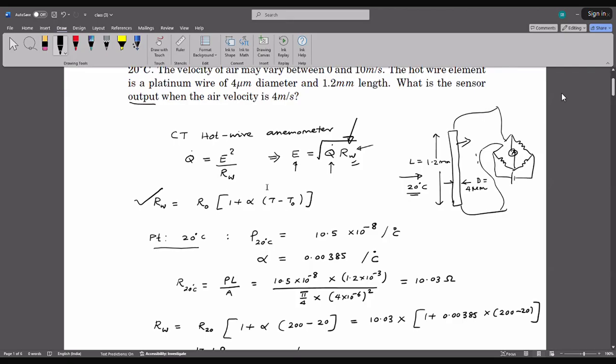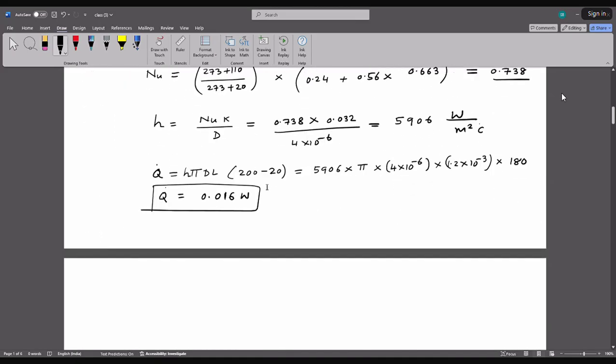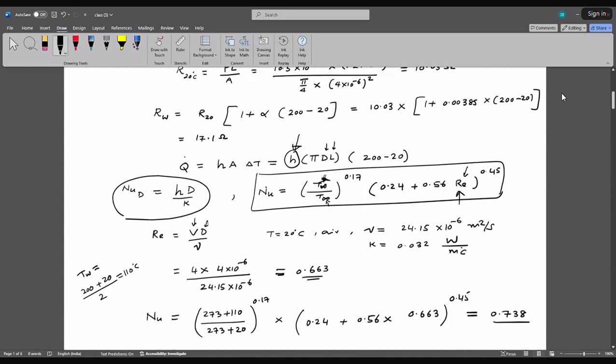So the output is the square root of the heat dissipated into the resistance of the wire. So the output E is the square root of 0.016 into the resistance of the wire, that is 0.10 ohm.